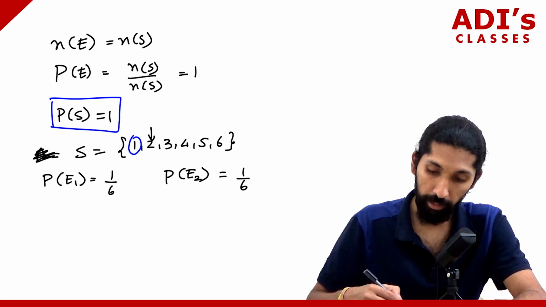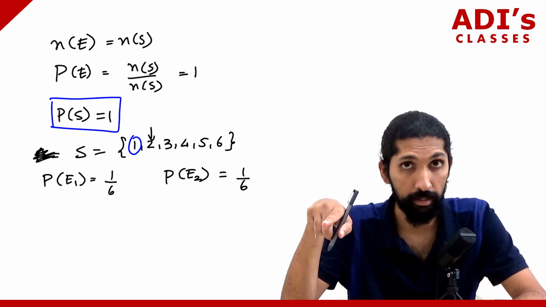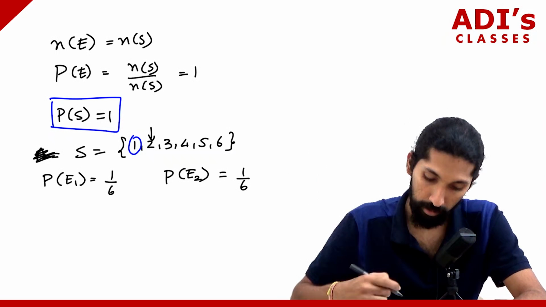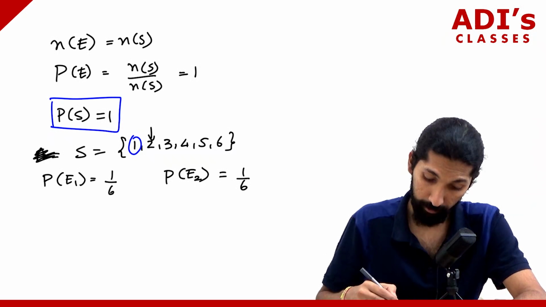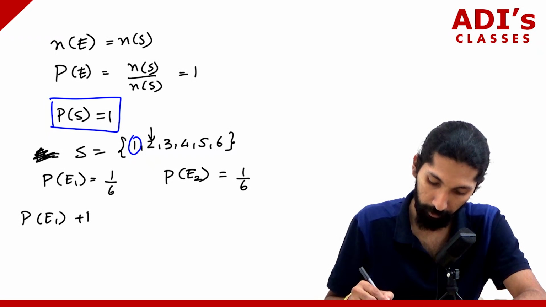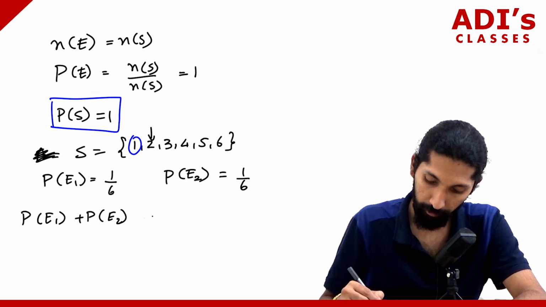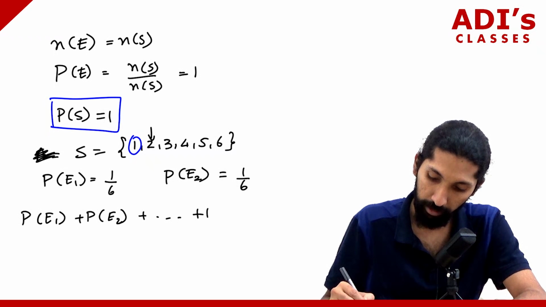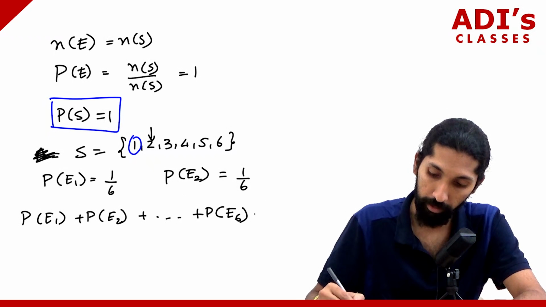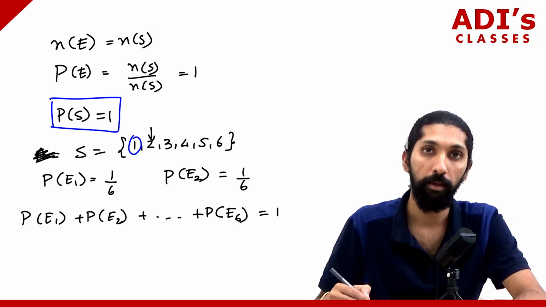Now, if you look at E1, E2, E3 till E6, all of their probabilities are 1 by 6. So if you take P of E1 plus P of E2 plus P of E3 till P of E6, it's going to be 1 by 6 added six times, all the way to 1, isn't it?